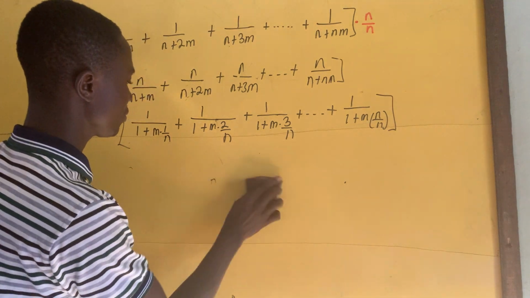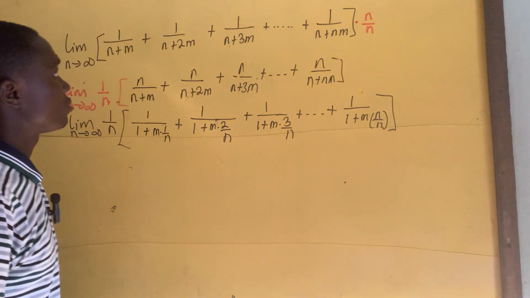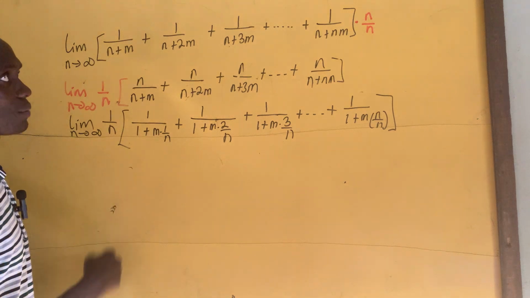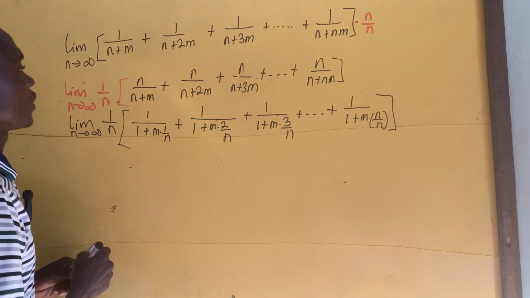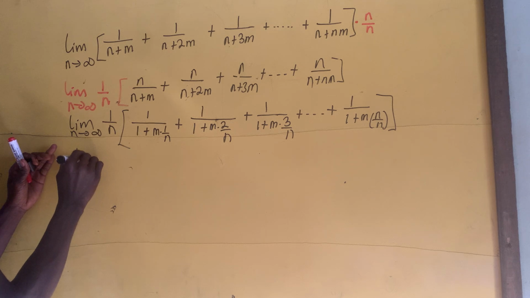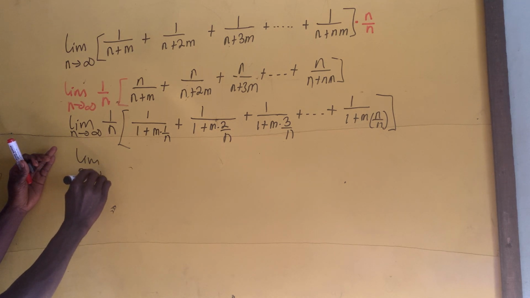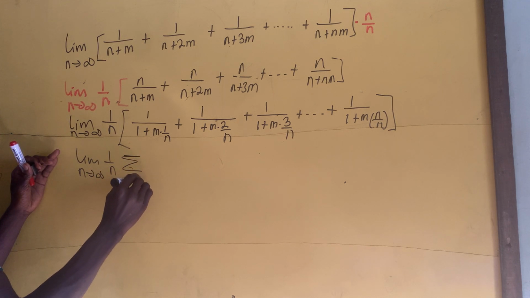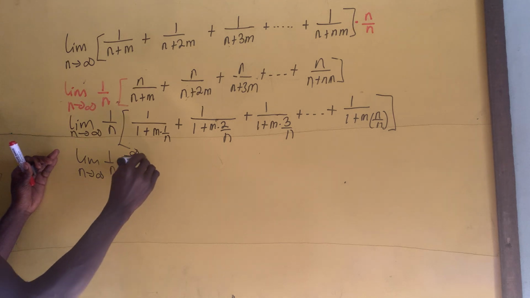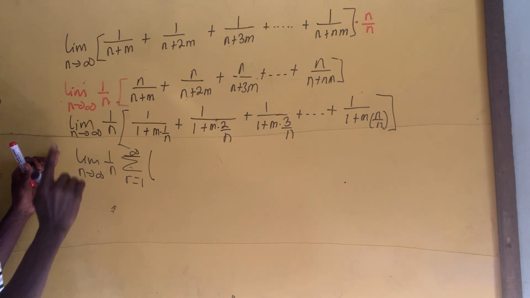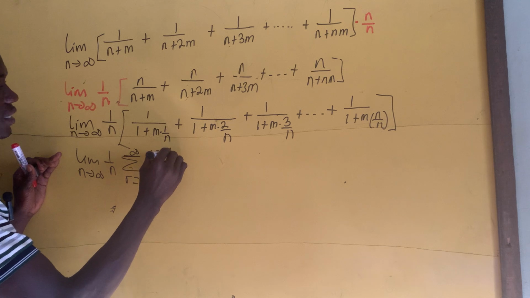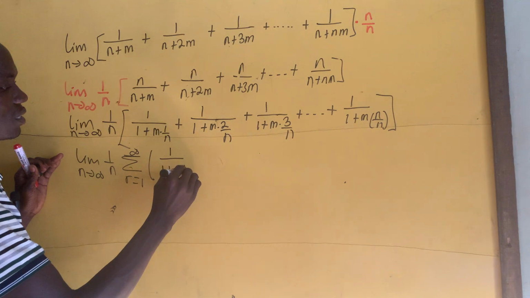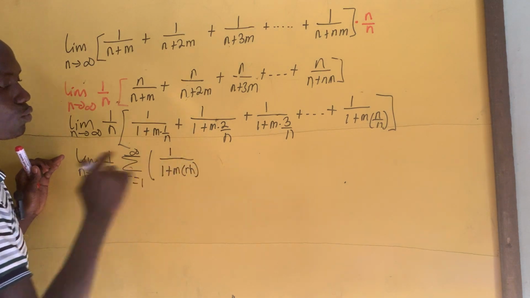Now we are going to sum these partial sums together. We write this as the limit as n goes to infinity, 1 on n times the summation from r equal to 1 up to n of 1 on 1 plus m times rh.